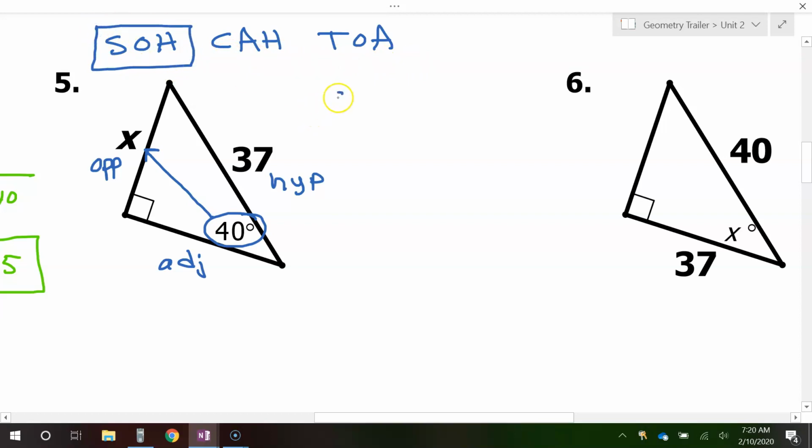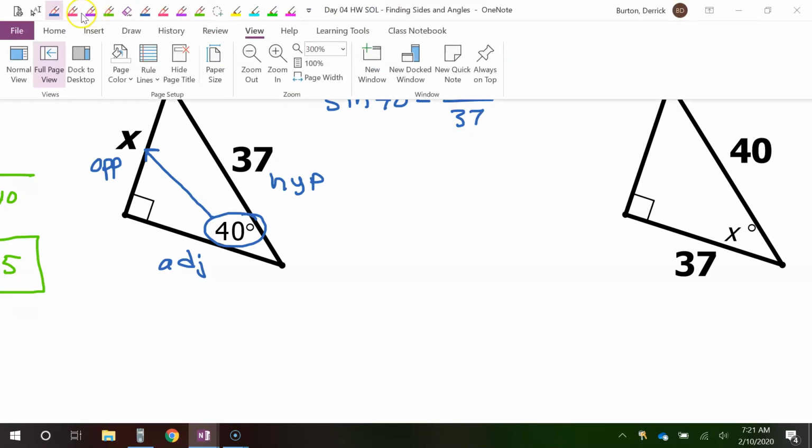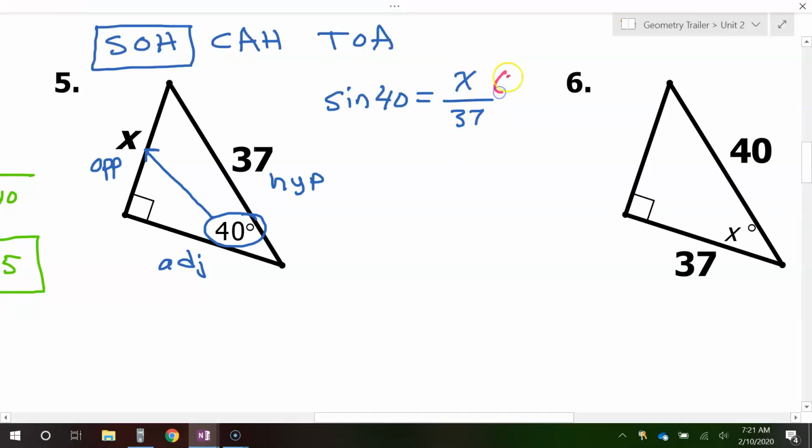So we will write down sine, and then comes the angle that we circled, which will be 40, is equal to opposite over hypotenuse. So that's going to be x over 37. When the variable is in the numerator, that is when you multiply both sides by the denominator.